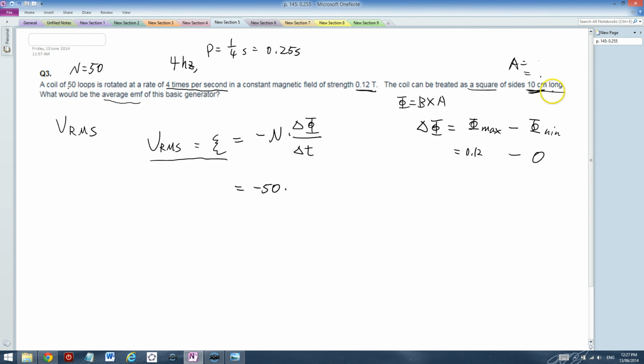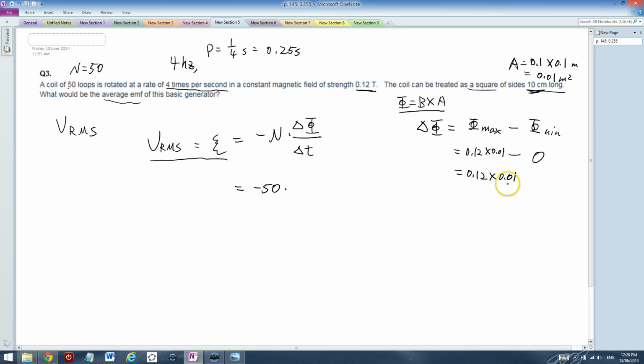The side is 10 centimeters, which is 0.1 meters, times 0.1 meters. 100 centimeters is a meter, so 10 centimeters is this. So the area will be 0.01 meters squared. So the maximum magnetic flux will be 0.12 Tesla times 0.01.